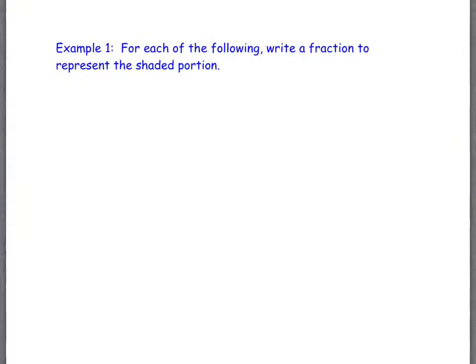All right, so what we're going to do next is we're going to write fractions for some pictures. So I'm going to draw 4 pictures, shade them in and everything. So just copy them first, and then I want you to do your best to try and figure out what the 4 probabilities, or fractions are that they represent. So give me just a little bit while I draw my pictures.